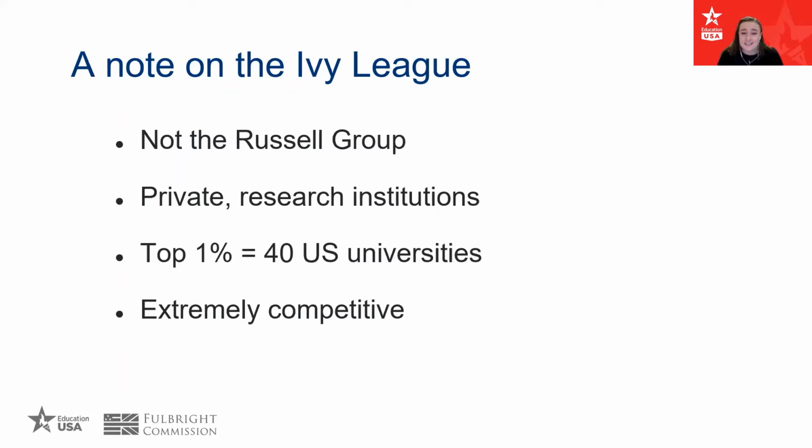So the Ivy League traditionally is actually a sporting league between the 8 oldest universities in New England. The Ivy League does not equal the Russell Group. It's not the same thing. There is no becoming an Ivy League institution or anything like that. All of these universities are private research institutions.